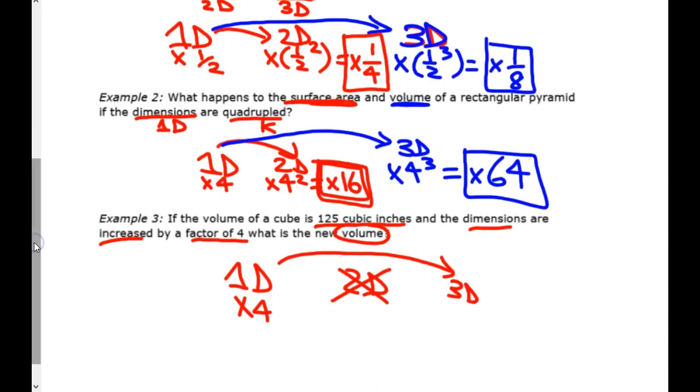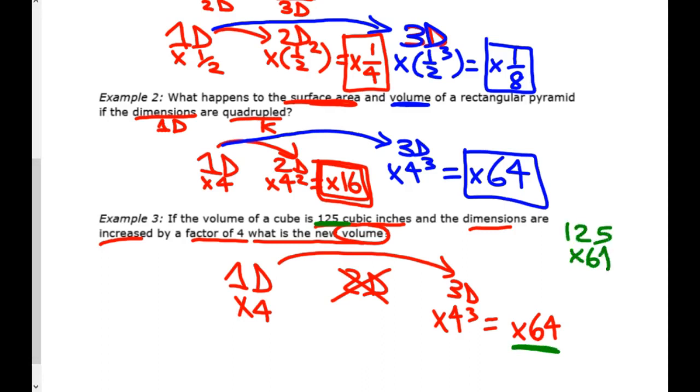Okay? Now this is the same number as the last problem, right? So 4 cubed is 64, right? It's kind of like the same problem, except it asks us, what is the new volume? So I need to take my old volume, okay? Old volume is 125, and I need to use my multiplier, 64. 125 times 64.